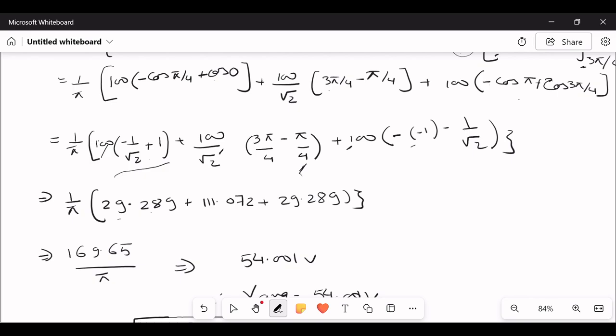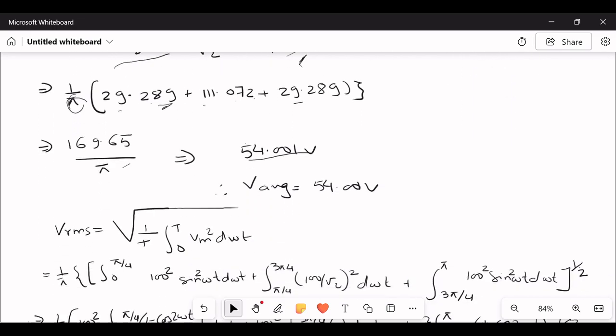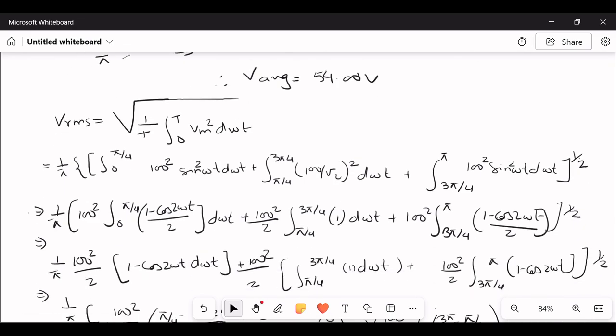For the whole middle part it becomes 111.072, and for the last part 29.289, same as the previous one. So we have π left here, so we write 169/π, which becomes 54.001 volts. That is our average value, the average voltage of the given curve.